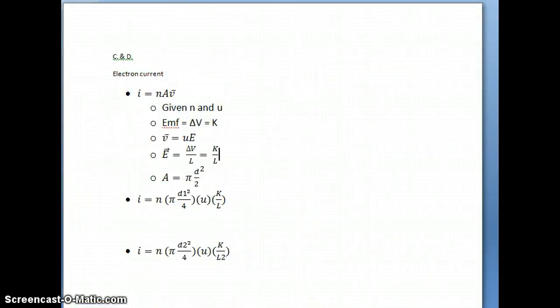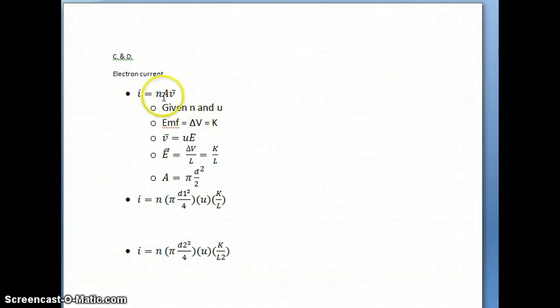The third question also asks us to find the electron current that's coming from the negative end of the battery. So the definition of the electron current is I equals nAuE.